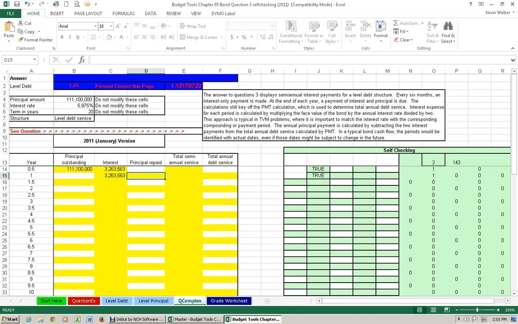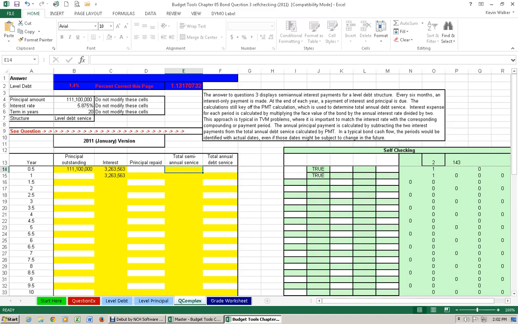Now, principal repaid. That's simply, well, better go across here. Let me do the total sum, because if you do this, you need to go line by line. Otherwise, you're going to get errors because some of the data you need is actually elsewhere. All right.